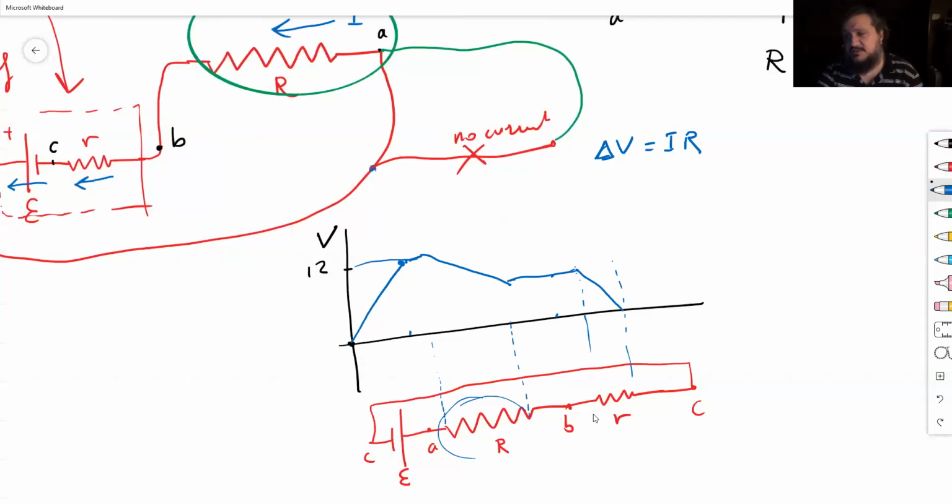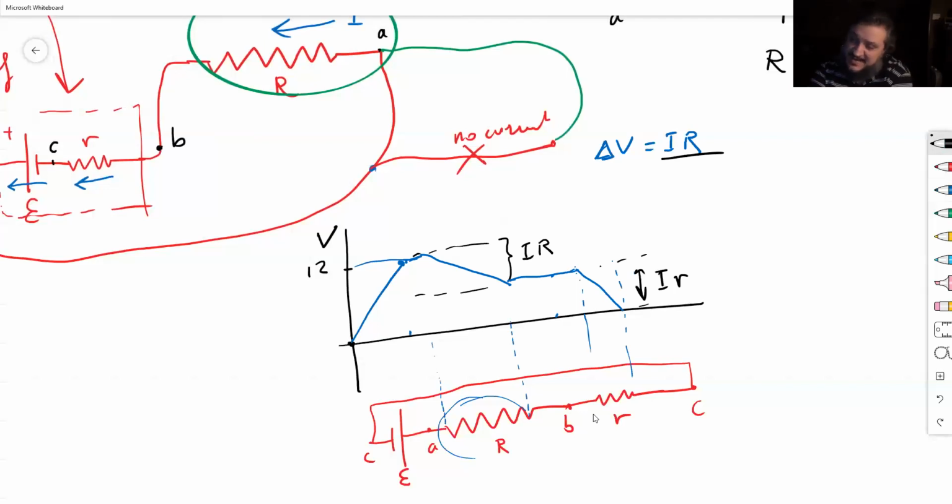Okay, so how much do these drop? Here, this difference is equal to I times R. But here, this drop in the potential is equal to the same current, but now times little r, the internal resistance of the battery, right?